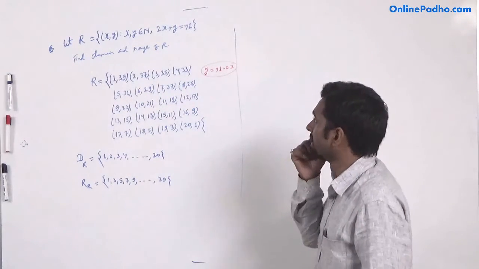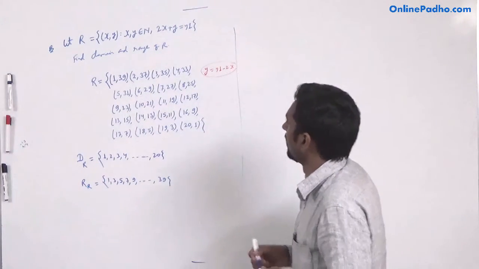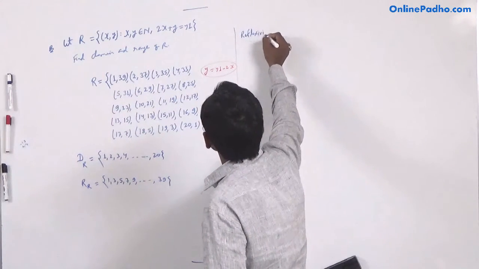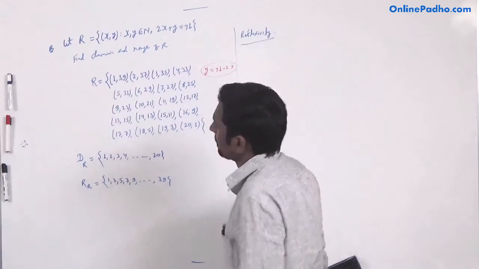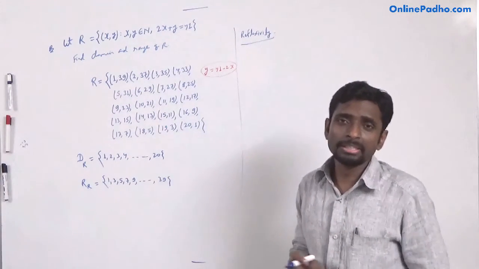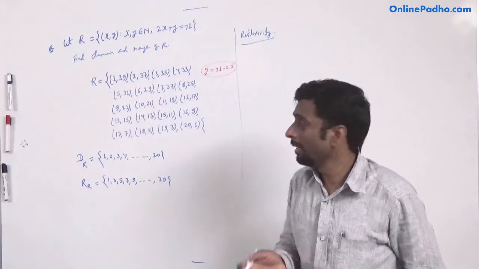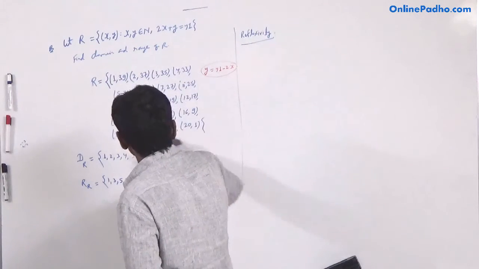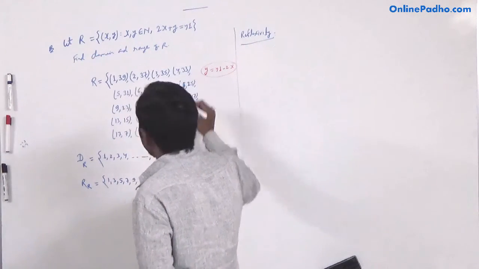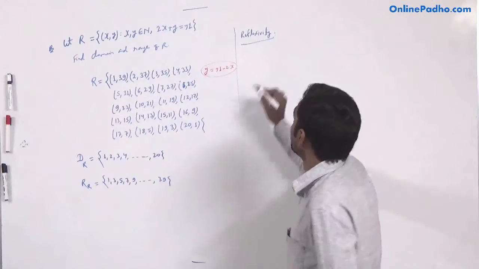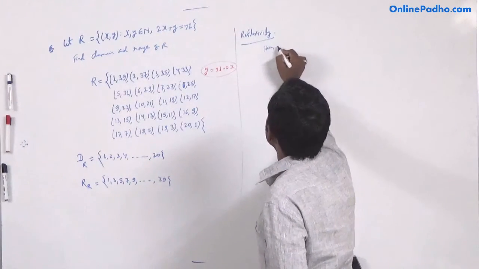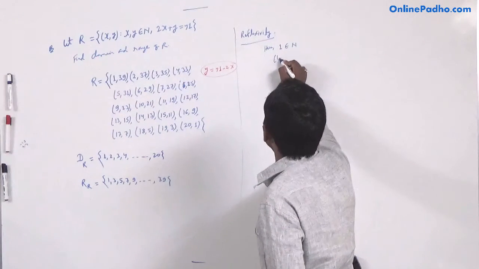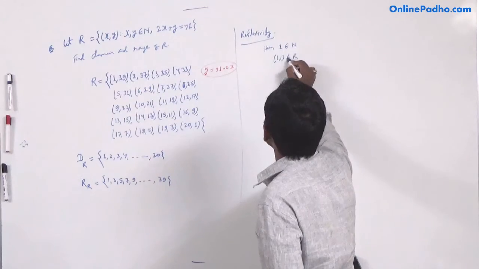Now we have to check the reflexivity, symmetricity and transitivity. Reflexivity. Is this relation reflexive? No. Why? Because 1 belongs to the set of natural numbers, which is set A, but 1 will not belong to the relation.